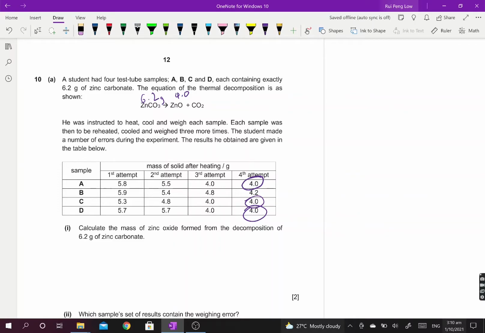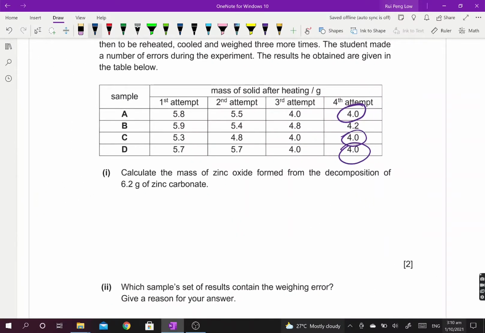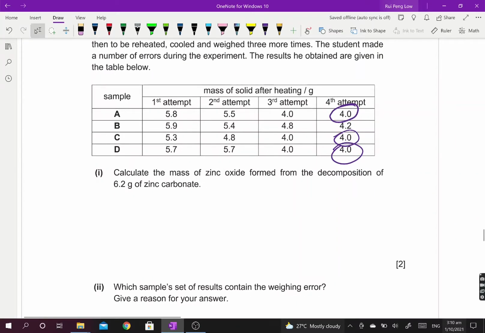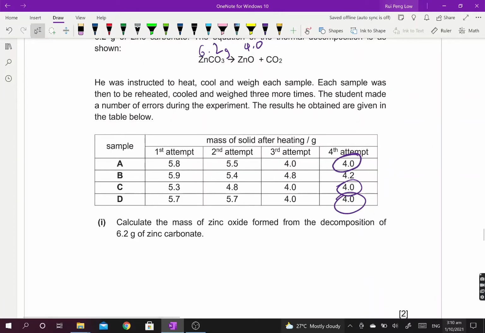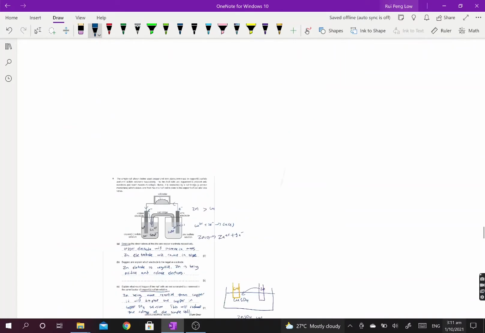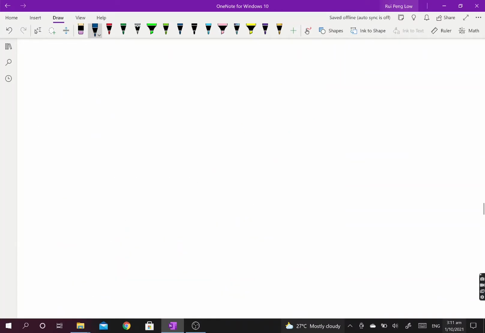So what you should do is really calculate the solution. So let's see how to go about doing it. So we have the equation zinc carbonate to give you zinc oxide. So 1:1. So let's find the number of moles of zinc carbonate. Number of moles will be equals to mass over Mr. So let me zoom and have a look at the periodic table.